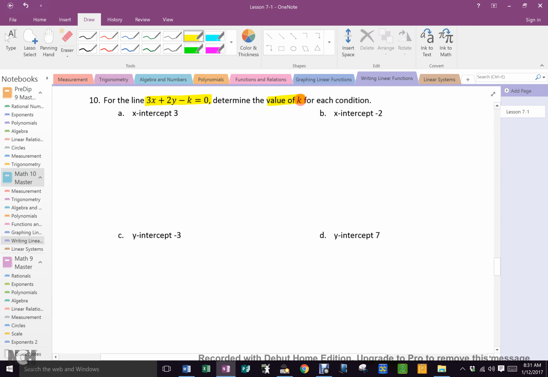Now, in general form, k should be a whole number, yes? But for this question, I only want the value. Do you understand? So even if it comes up with a fraction or a decimal, we're going to leave it. Cool? All right. Now, the reason I don't really know why this messes kids up, because you can see that I have an x and a y, right?